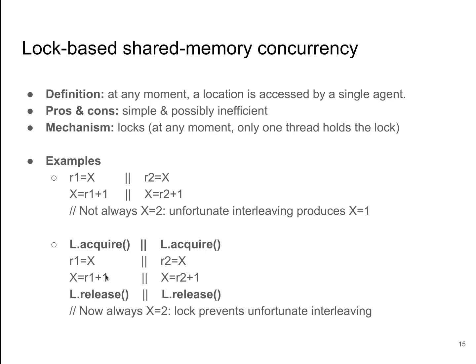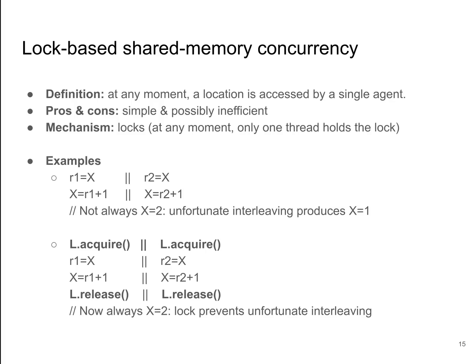As a result, all the accesses to the X by the left thread should happen before all the accesses to the X in the right thread. And as a result, our intention actually holds. The X should always be 2 at the end of the day, because the lock prevents such unfortunate interleaving.